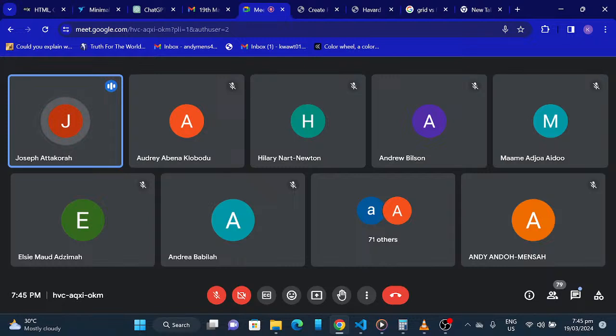I'll do that with you. So vitamin D is produced by two organs. We have the liver and we have what? The kidney. The liver and the kidney.